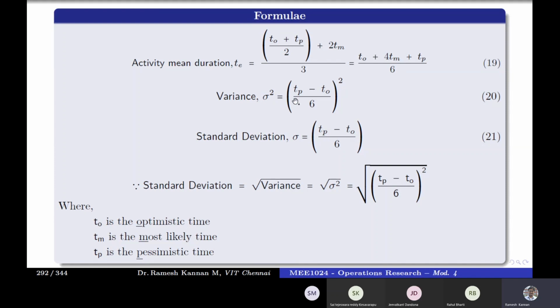In other terms, the square root of the variance is the standard deviation. So you remember this. If you remember variance in terms of square, it will be a little difficult. So remember that standard deviation is without the square, but variance is the square of the standard deviation. And TO is optimistic time, TM is most likely time, and TP is pessimistic time.